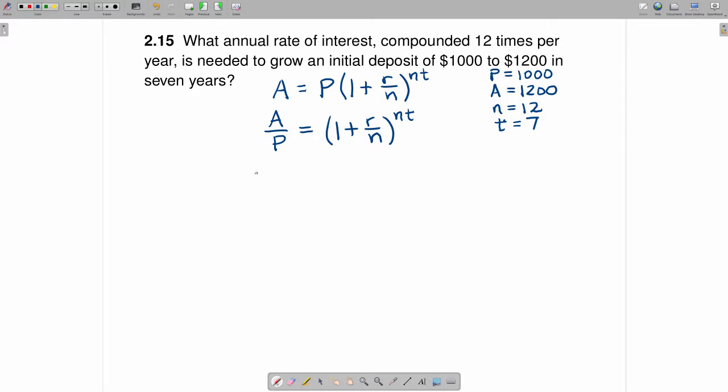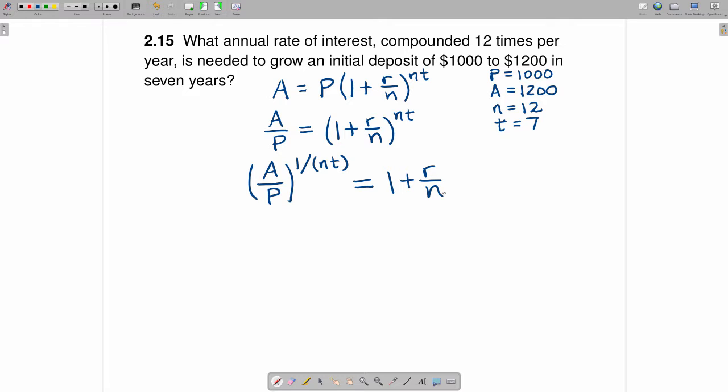So from that line of reasoning, what we want to do is take both sides of this equation, the left-hand side and the right-hand side, and raise them to the 1 over NT power. When you raise the left-hand side to the 1 over NT power, you get this quantity right here. When you raise the right-hand side to the 1 over NT power, you're just left with 1 plus R over N.